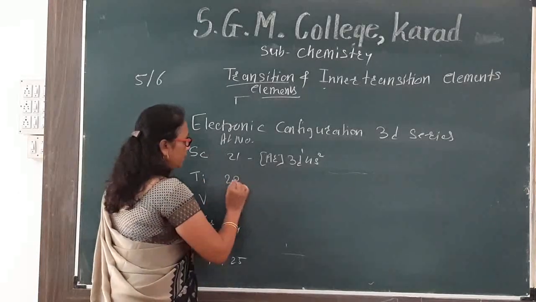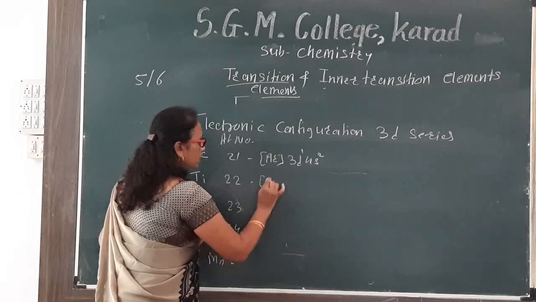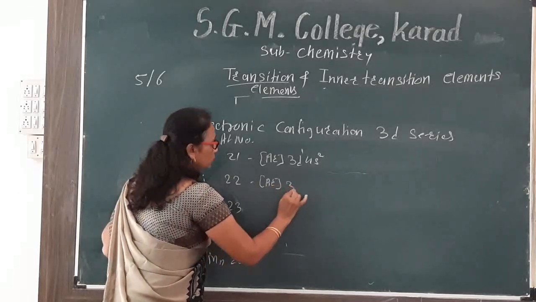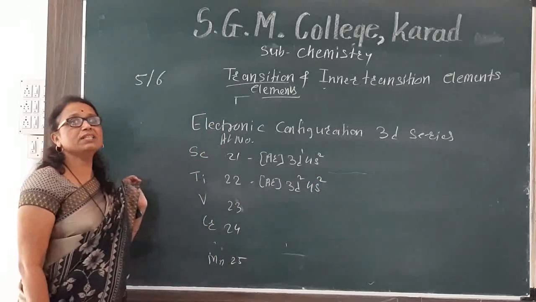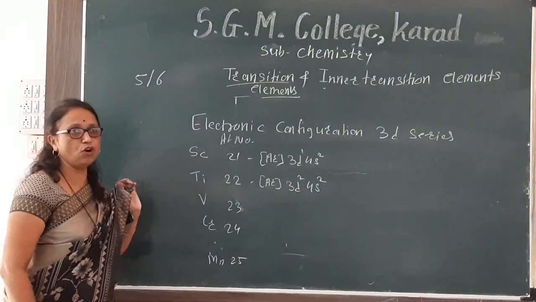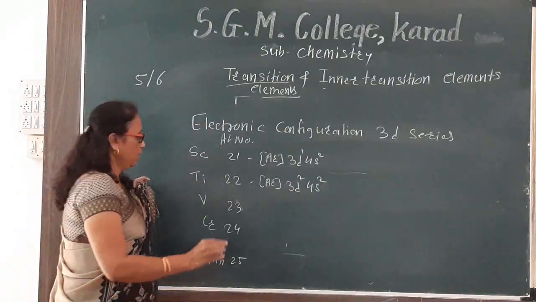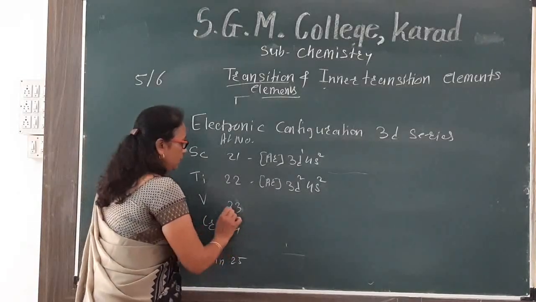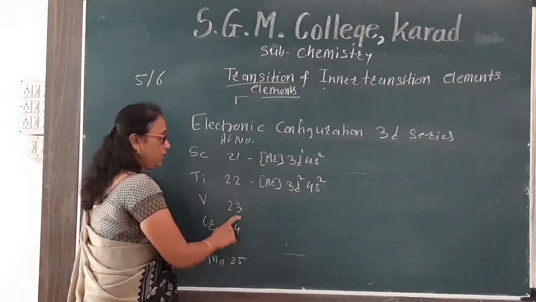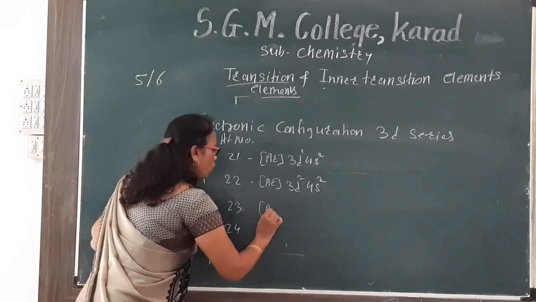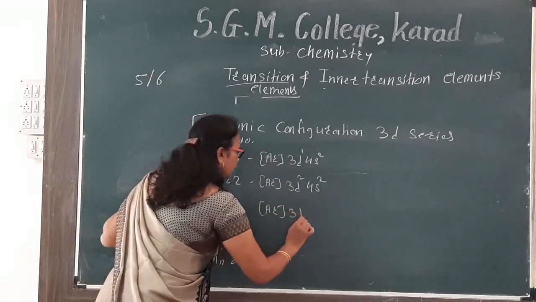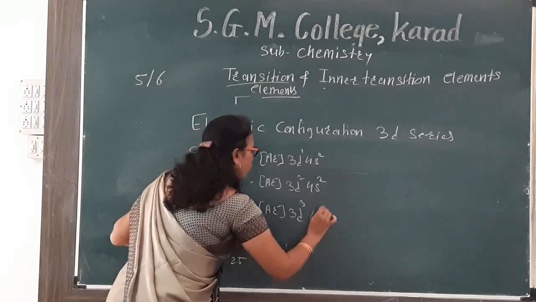Titanium's expected configuration is argon 3d2 4s2 because the electron enters the 3d orbital. Vanadium, as atomic number is 23, electrons enter d, that means argon 3d3 4s2.